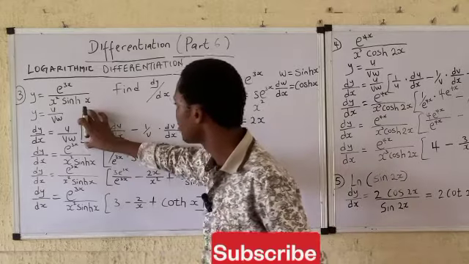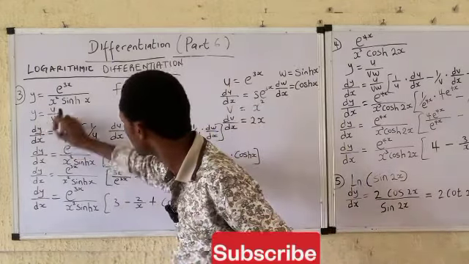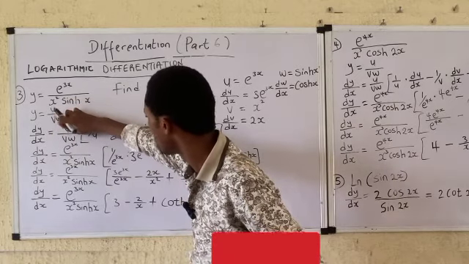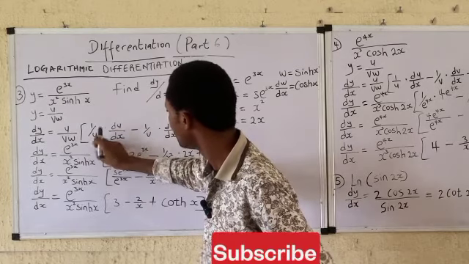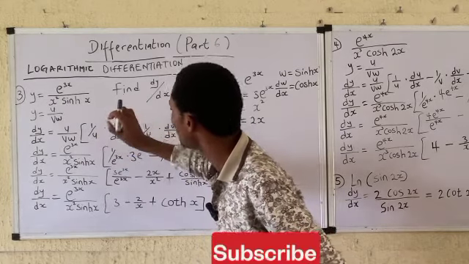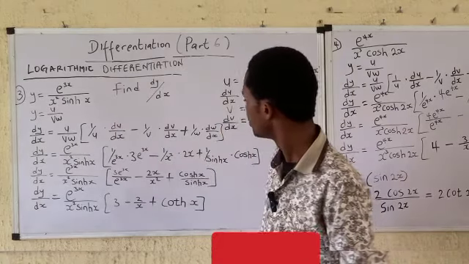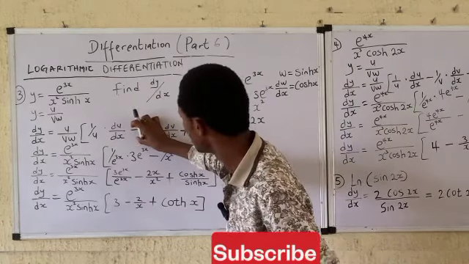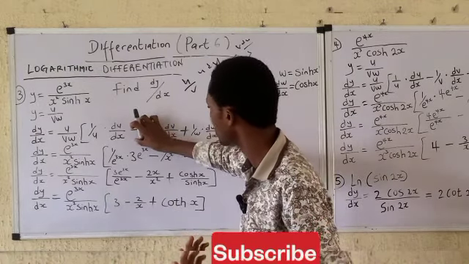Now, using the general formula for this question, dy/dx equals u over vw, bracket open, 1 over u times the differential form of u, du/dx, minus. The division sign is a negative sign in logarithm, that's why the sign is here.